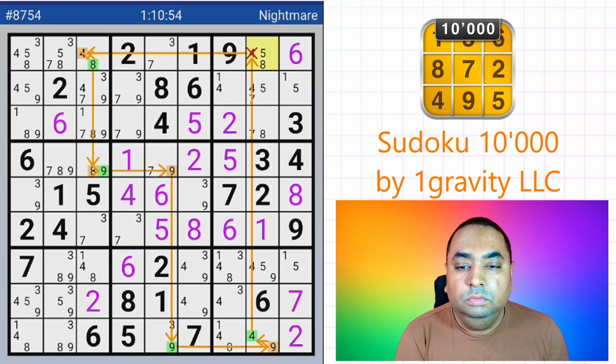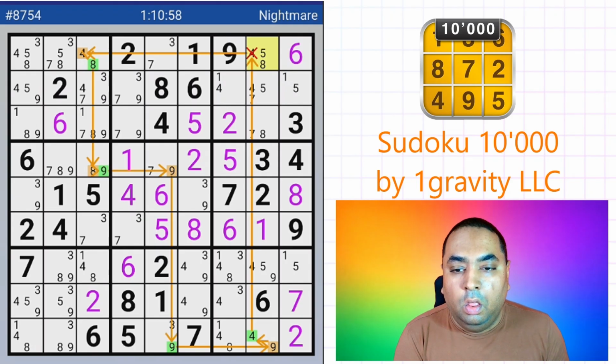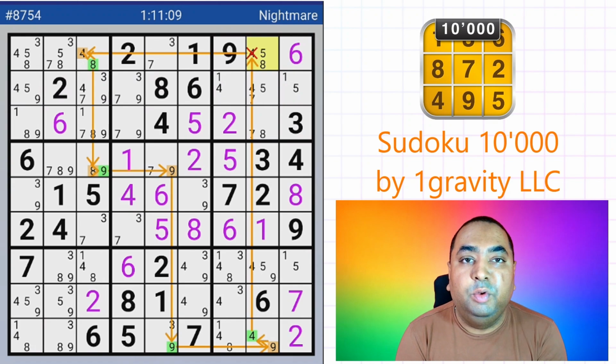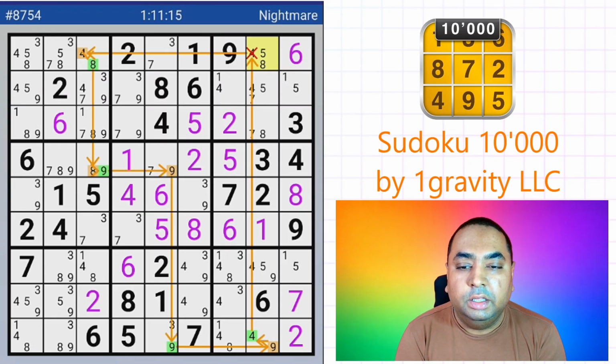So we can remove 4 from the third block. So like this, forcing chains are implemented. In this puzzle, forcing chains are implemented in this way.